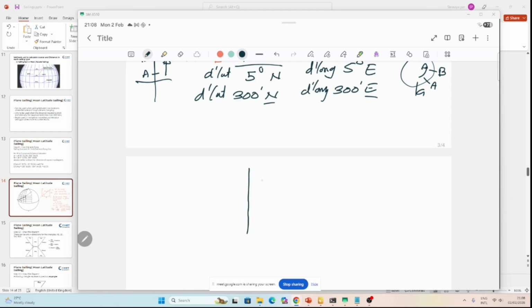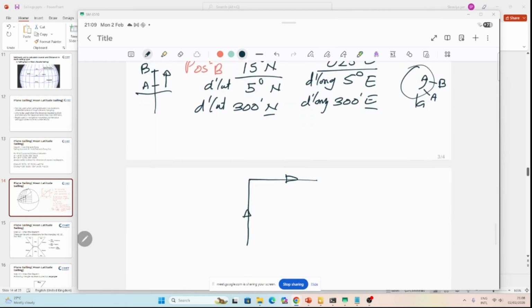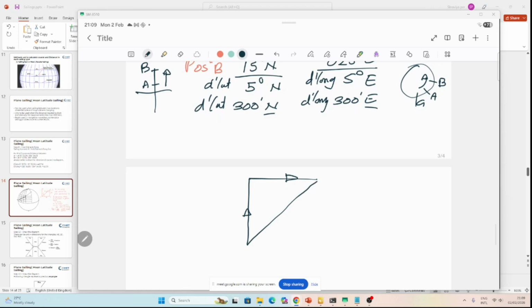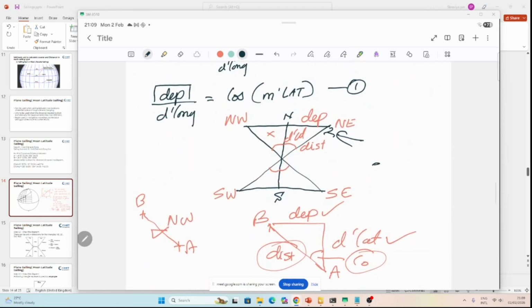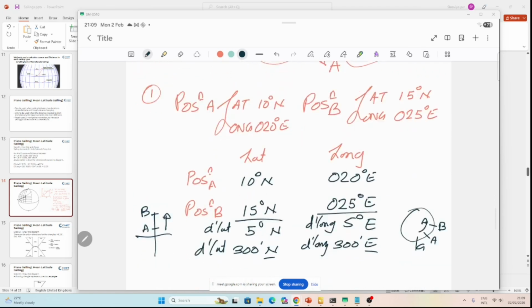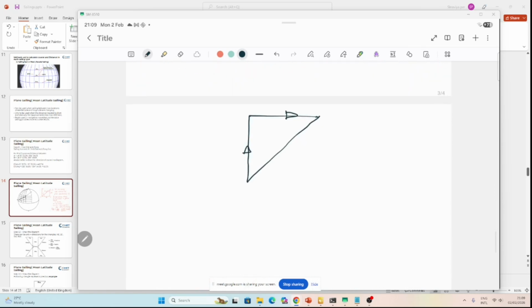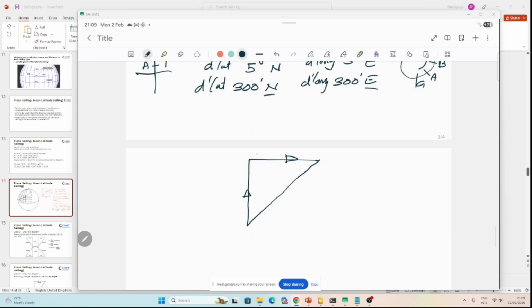So what is a triangle? You can see first you draw the north and go to east, because I told you always north is powerful, north and south is powerful, right? Then you will automatically get the triangle. If you wish, you can do it like this, or you can do it like this. You go to north first and go to east next. Don't go to east and go to north, then your triangle will be wrong.